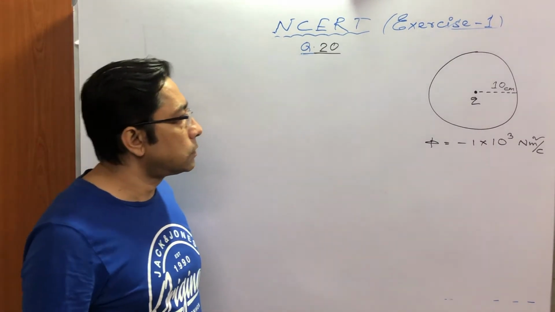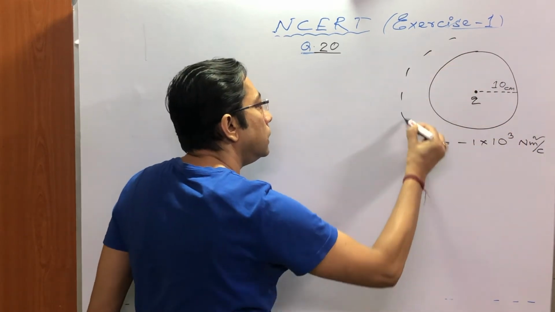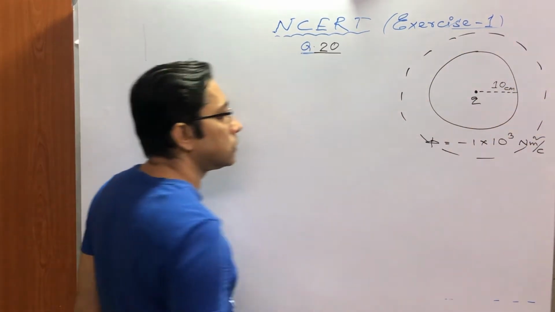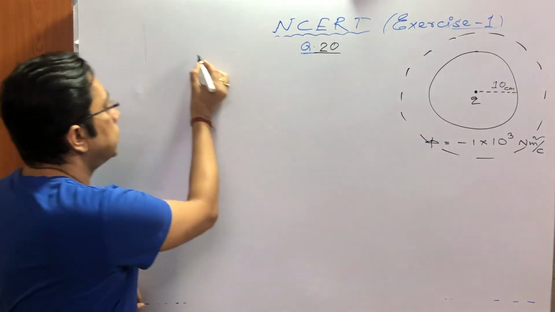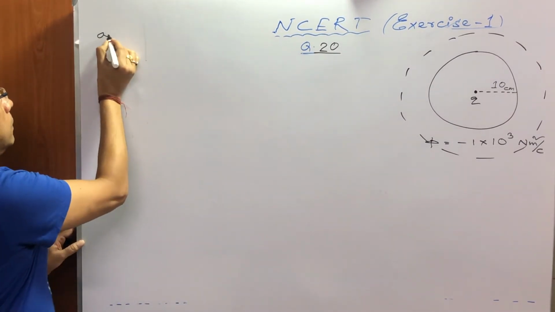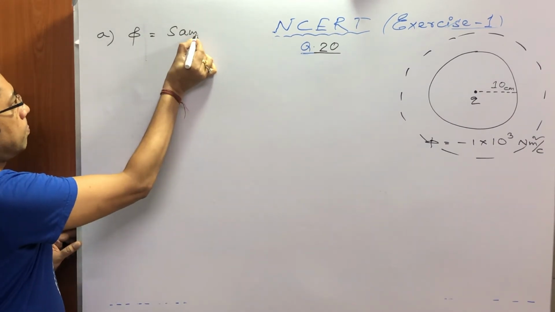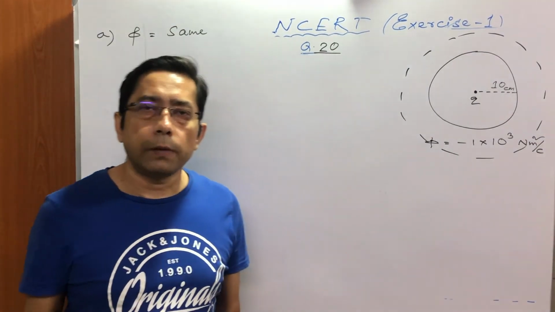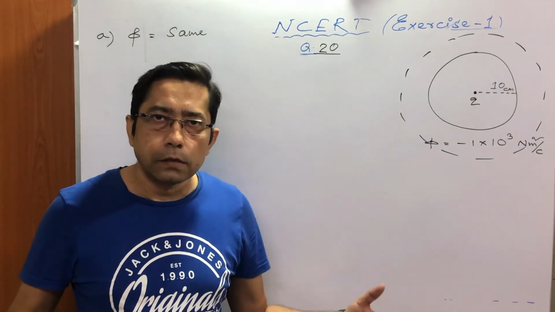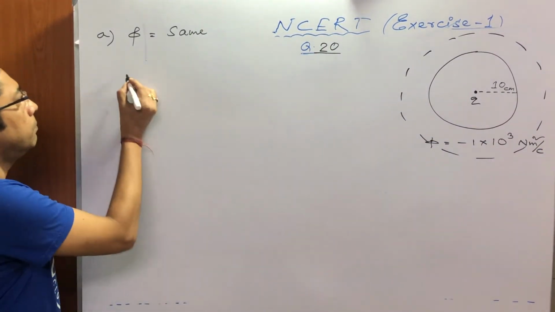Now they have asked that if the radius of this Gaussian surface were doubled, suppose a bigger Gaussian surface was there, what would have been this flux? So part A: flux will remain the same. As I told you earlier, it doesn't depend on the shape or size of the Gaussian surface chosen.